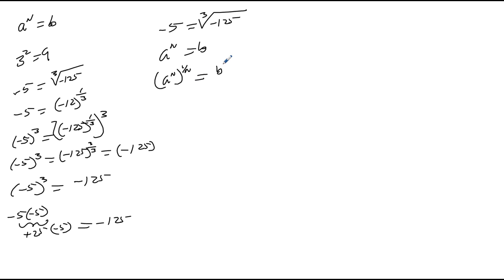So that's b raised to the power of 1 over n, and n times 1 over n is just 1. Therefore that leaves a is equal to b raised to the power of 1 over n.